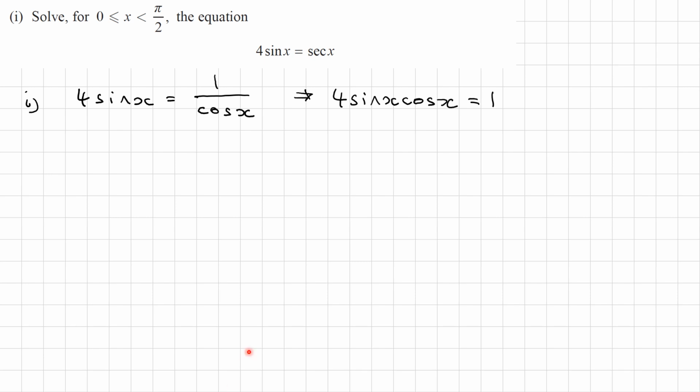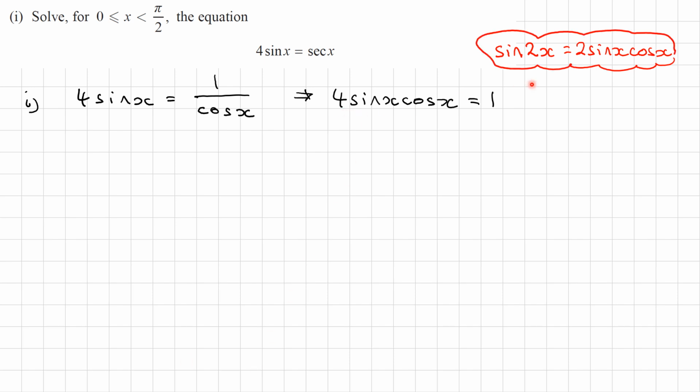Now we can use a double angle identity to deal with this, and a double angle identity is that sine 2x is equal to 2 sine x cos x. And you can see that we've got 4 sine x cos x, so we've got two lots of sine 2x. So the equation now becomes 2 sine 2x is equal to 1.